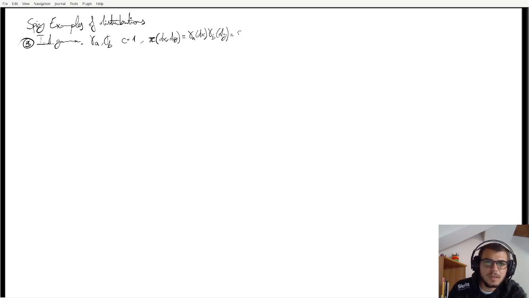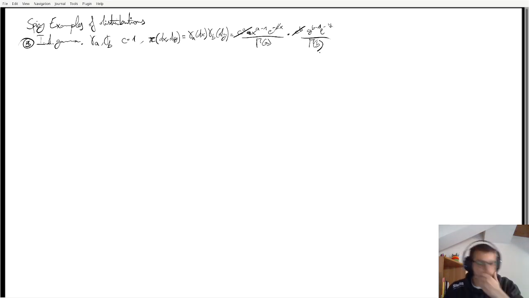The first one should be c to the a, x to the a minus 1, e to the minus cx over gamma of a, while this multiplies, well, in this case we don't have c because c is 1, y to the b minus 1, e to the minus x, e to the minus y, over gamma of b.